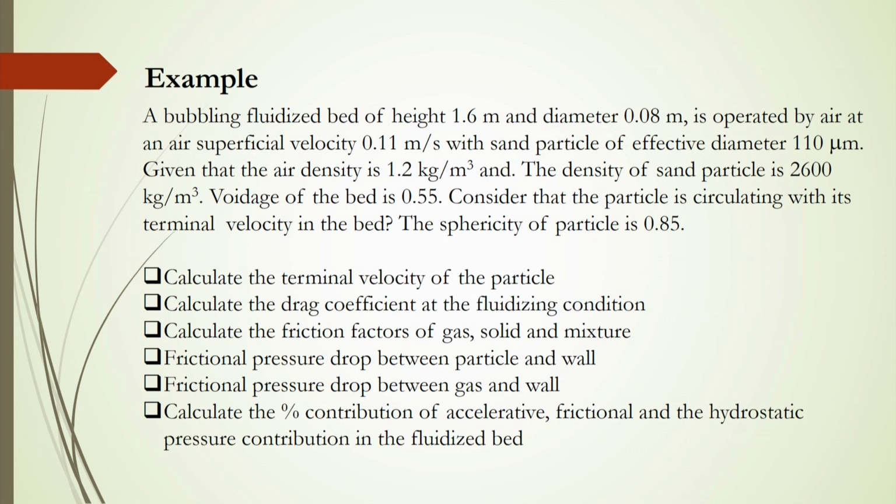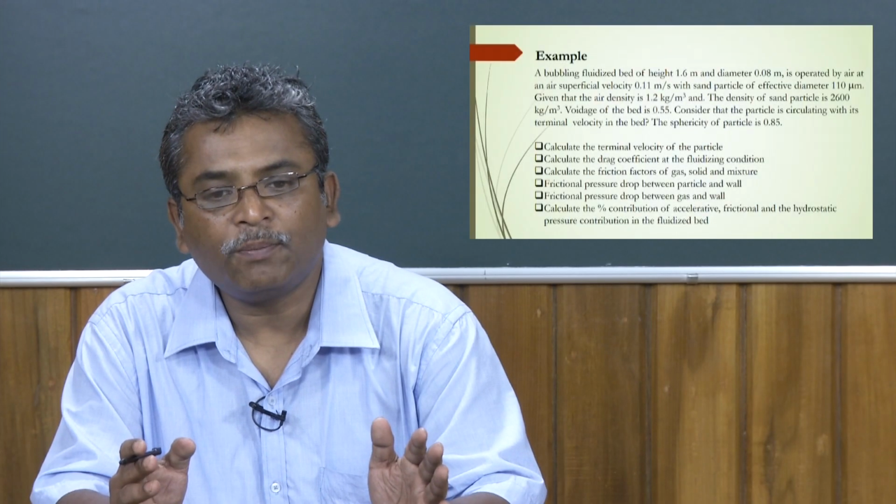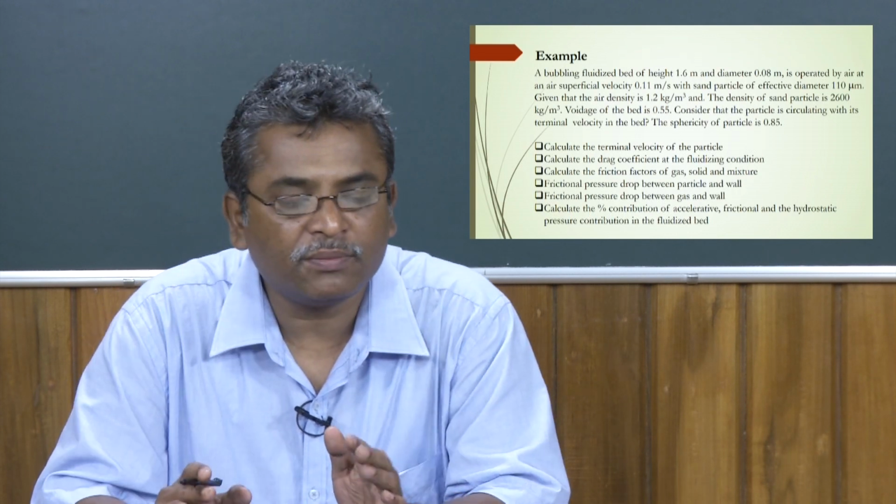Now, let us see an example of how to calculate the different parts of frictional pressure drop: how to calculate the terminal velocity, the drag coefficient of the fluidized bed, the friction factor of gas, solid and mixture, the frictional pressure drop between particle and wall, the frictional pressure drop between gas and wall, and the percentage contribution of the different parts of the total pressure drop inside the bed.